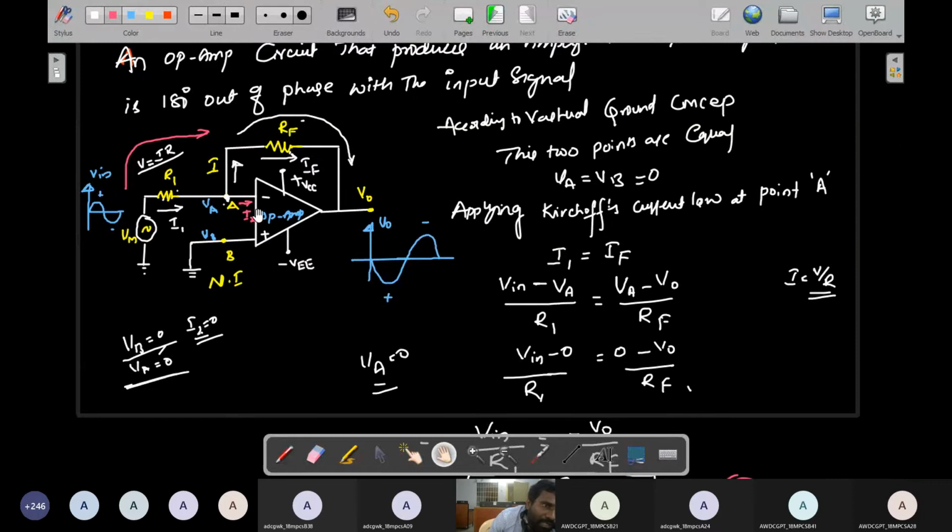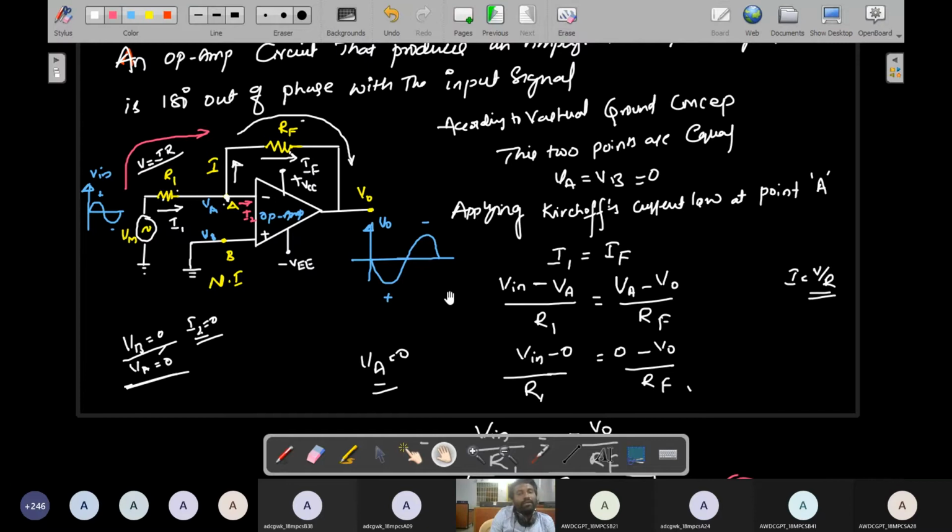But I2 is not entering the operational amplifier, so this entering current I2 is zero. Now I'll explain the virtual ground concept: whatever potential is at point B, the same potential is developed at point A. So the potential at point B and the potential at point A are both equal to 0.